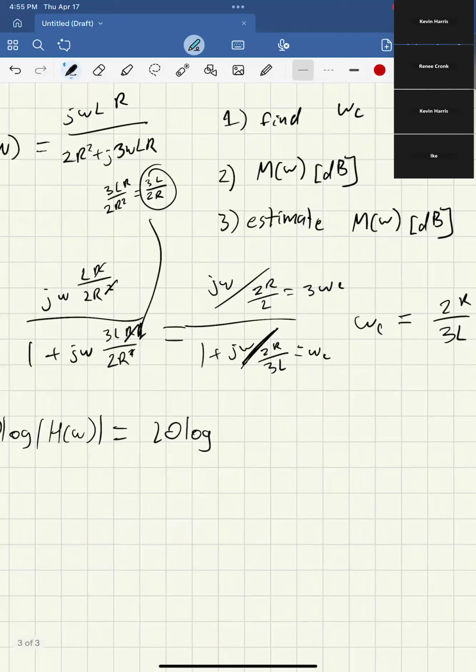But anyway, what we had here is the part in the numerator is going to be the magnitude of j omega over 3 omega c, and then minus the part in the denominator. So 20 times the log of the magnitude of 1 plus j omega over omega c. Right.